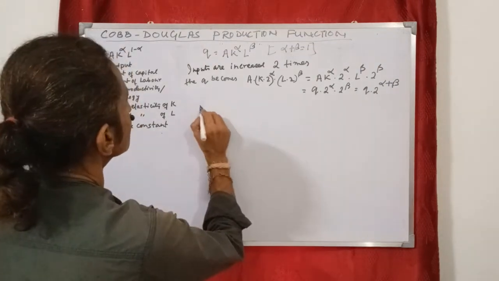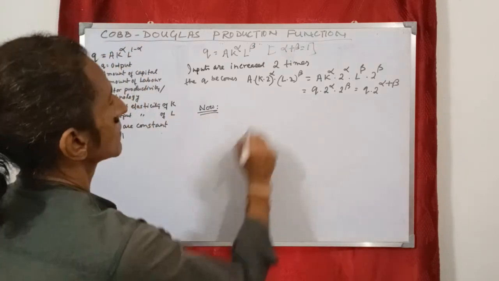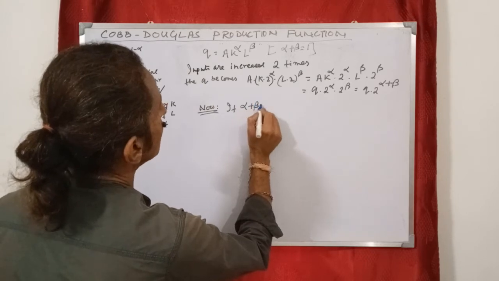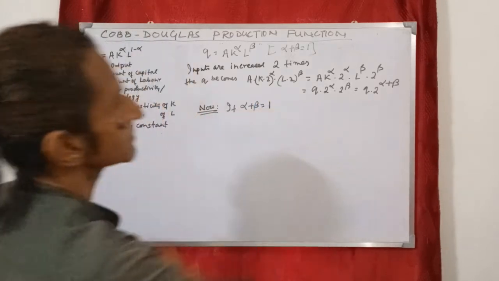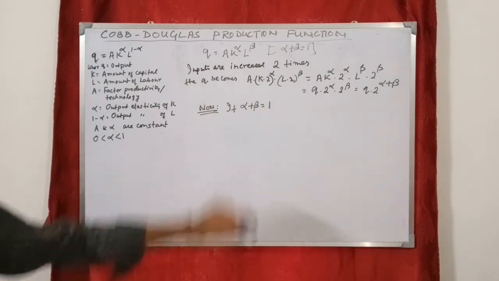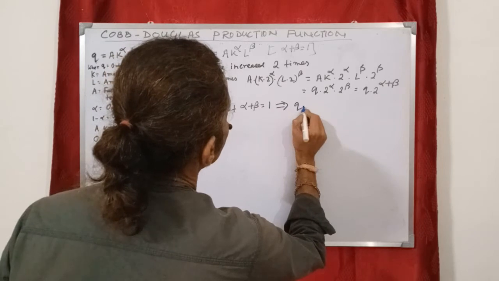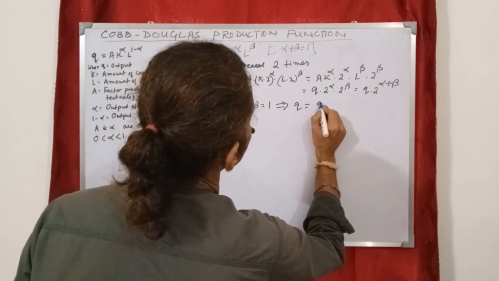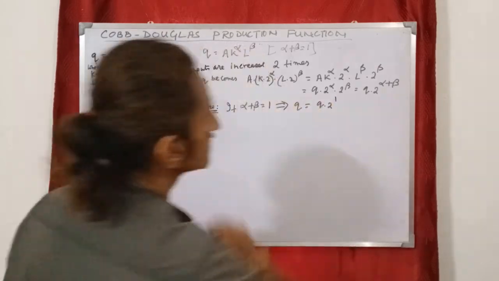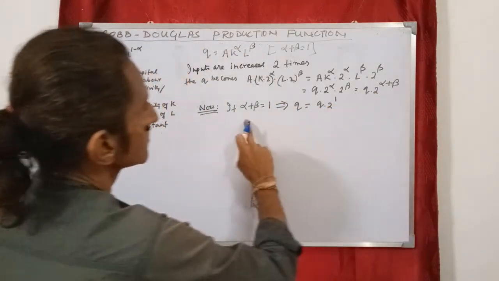Now watch very carefully. If alpha plus beta is equal to 1, then Q equals Q into 2 to the power 1, because alpha plus beta is equal to 1.